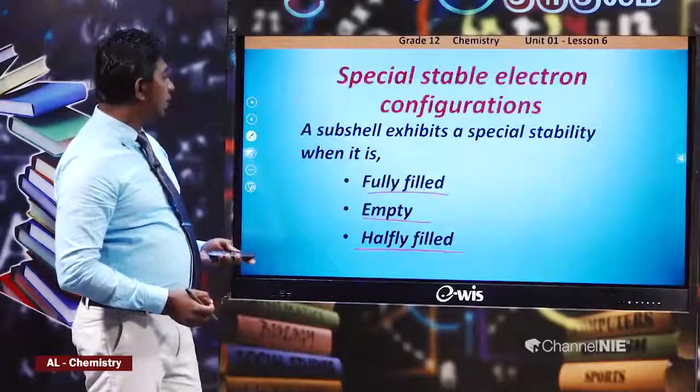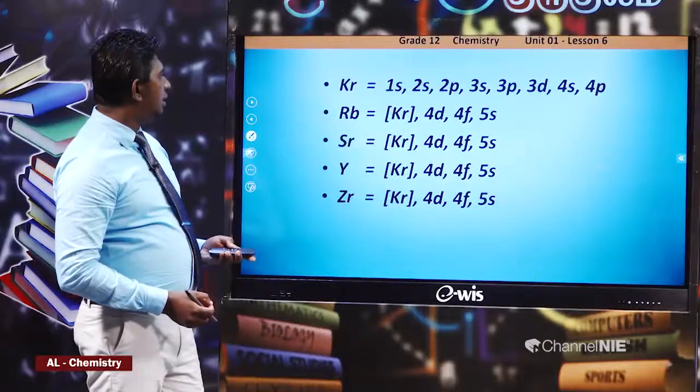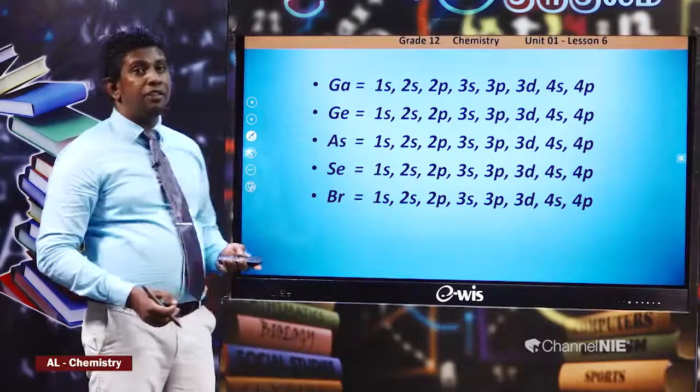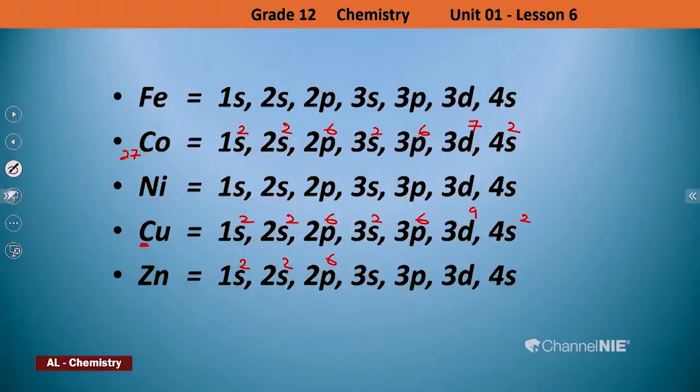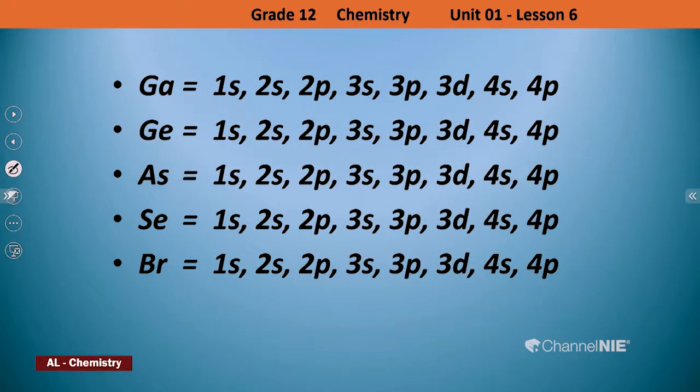Then students, let's go ahead. After copper, you have zinc. It's 1s2, 2s2, 2p6, 3s2, 3p6, that's 18, 4s2 is 20, 3d10 is 30. Then gallium: 1s2, 2s2, 2p6, 3s2, 3p6, 18, 4s2, 20, 3d10, 30, 4p1.